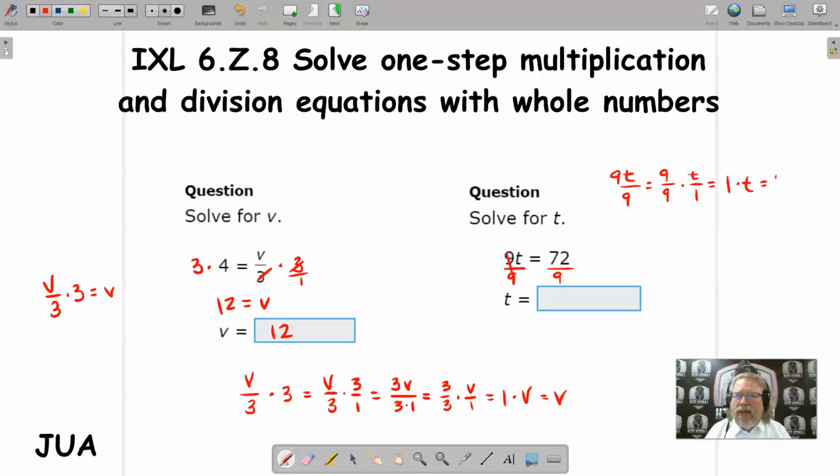And 1 times t equals t. So this is how we get from 9t over 9 to t. So again, whenever I cancel those 9s, it's not magic, it's math. And so we end up with just t, and 72 divided by 9 equals 8. All right. I probably won't go through all of this in the following problems and examples.